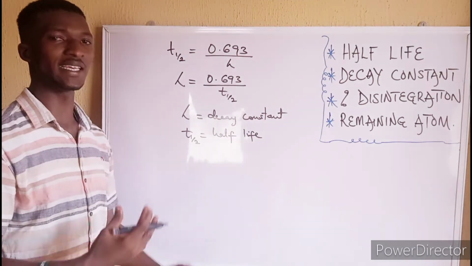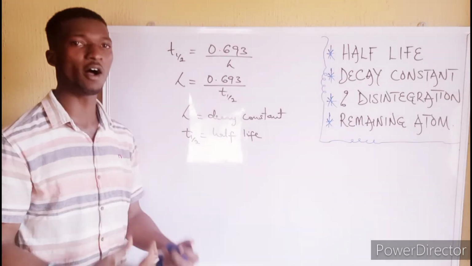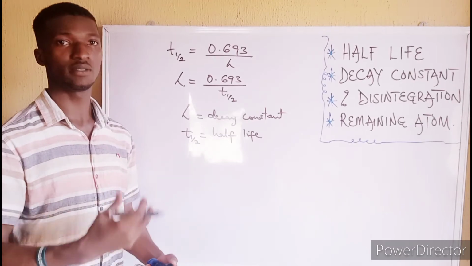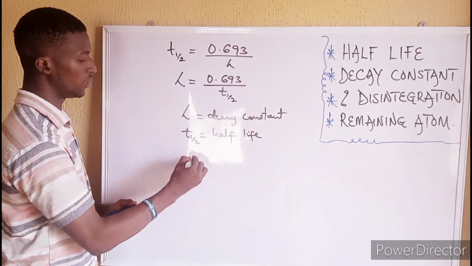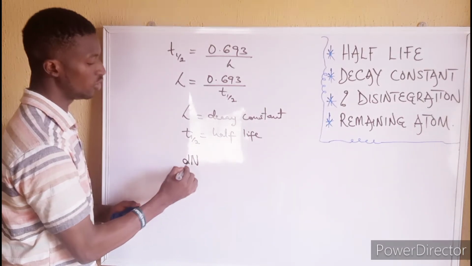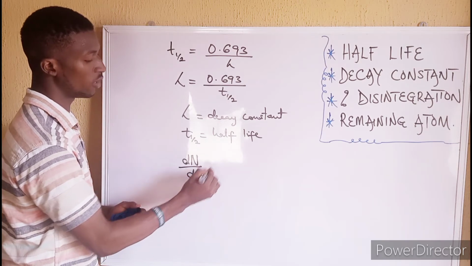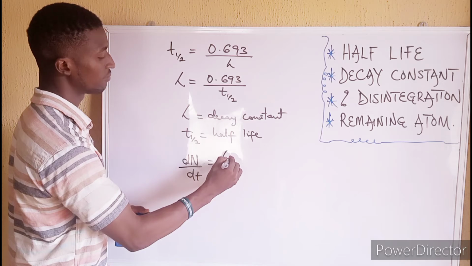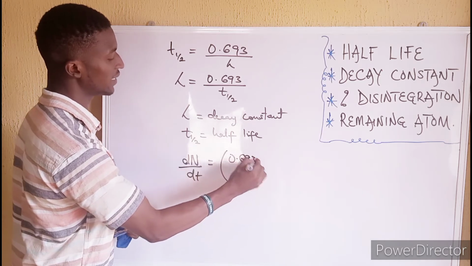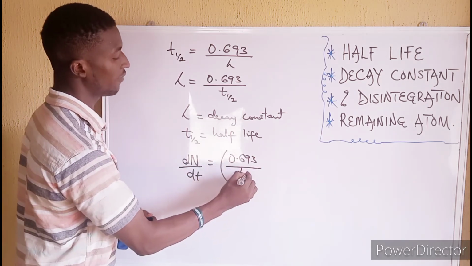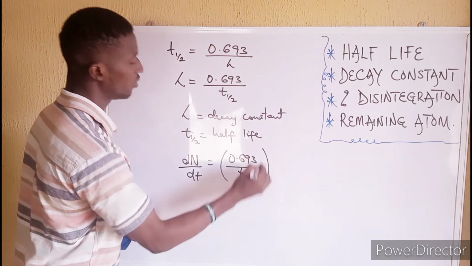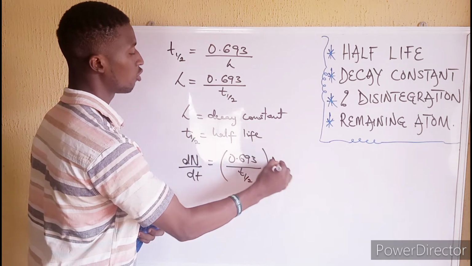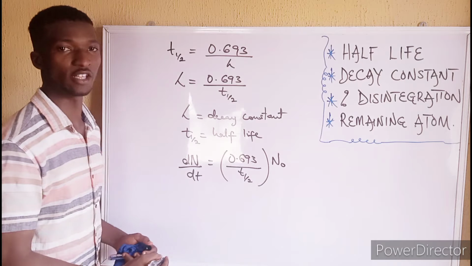So when you are dealing with a case whereby they ask you to determine the number of disintegrations per unit time, we use N over t to represent that, and that is equal to 0.693 over the half-life, times the initial number of atoms.